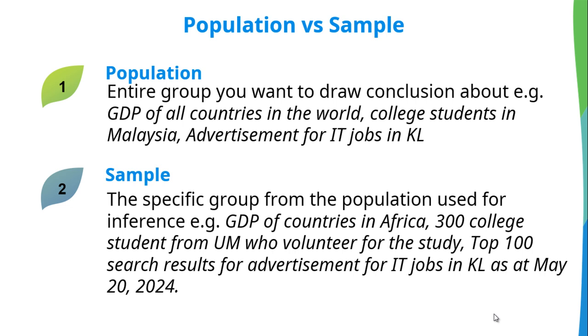Also, we can have maybe advertisements for IT jobs in KL, Kuala Lumpur. That's just a population, but that may not be possible to cover. We can say the top search results for advertisements for IT jobs in KL as at May 2020. So that is just population and sample.